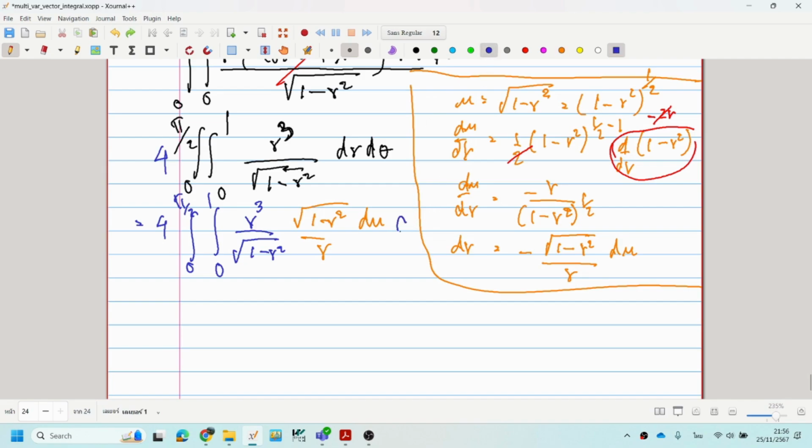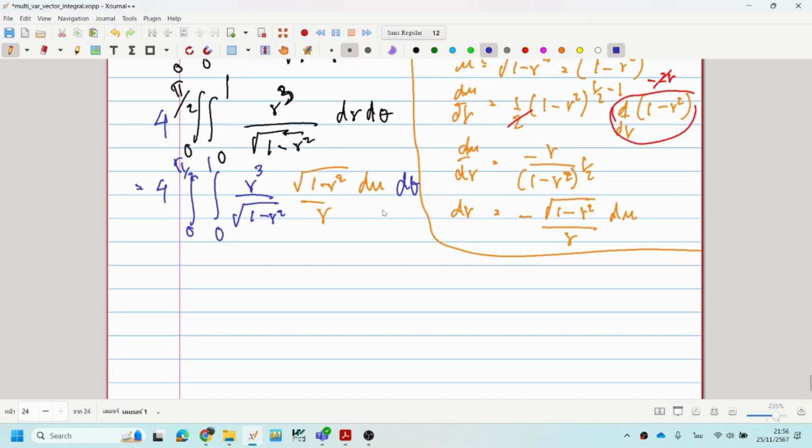Okay, just change to set the r to be du first for solving the inside integral. The square root below and the top term cancel together, and r becomes r squared.